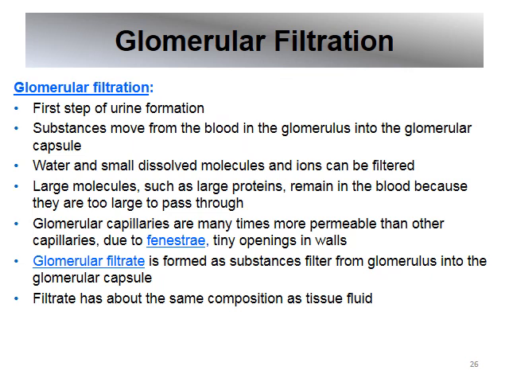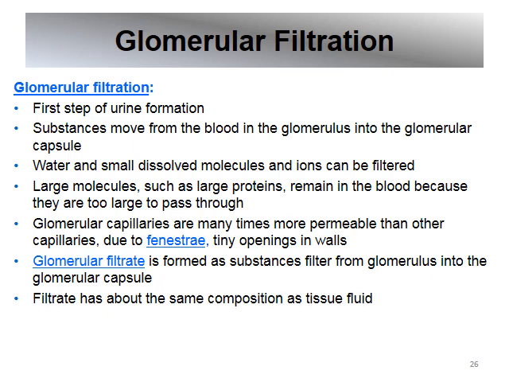Okay, so glomerular filtration. This is the first step in urine formation. The substances will move from the blood in the glomerulus into the capsule. It's going to be composed of water, small dissolved molecules, and ions. However, large molecules such as proteins and cells are going to remain in the blood because they're unable to pass through the wall of the capillary.